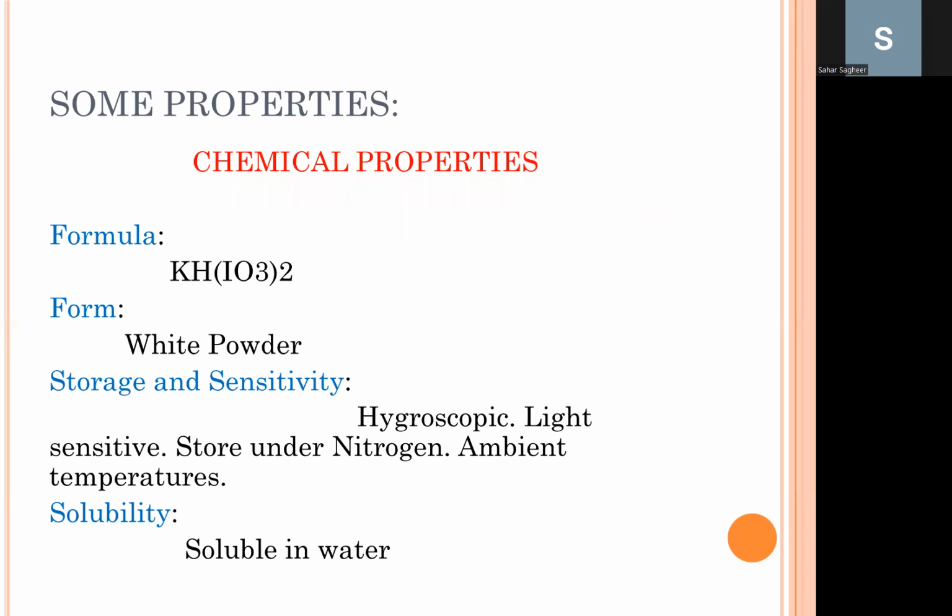Storage and sensitivity: hygroscopic, light sensitive, stored under nitrogen at ambient temperatures, that is, it should be stored at average room temperature like 20 degrees Celsius or 68 degrees Fahrenheit. This is the normal temperature to store potassium iodide. Its solubility: it is soluble in water.